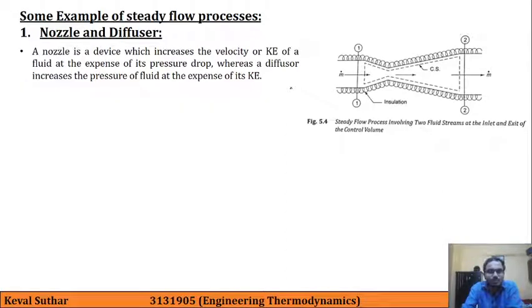A nozzle is a device which increases the velocity or kinetic energy of fluid. So the task of a nozzle is to increase the velocity or kinetic energy of a fluid at the expense of pressure drop.